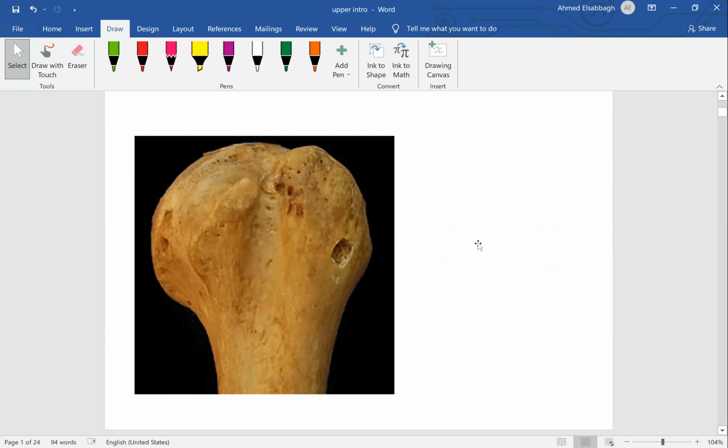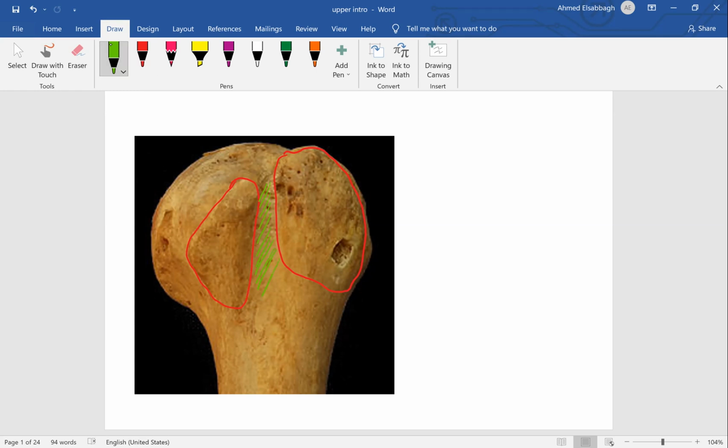It is the upper end of the humerus. This structure is called the greater tuberosity. This one is called the lesser tuberosity. This groove between the greater and the lesser tuberosity is called the bicipital groove.